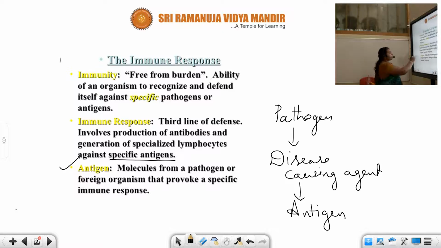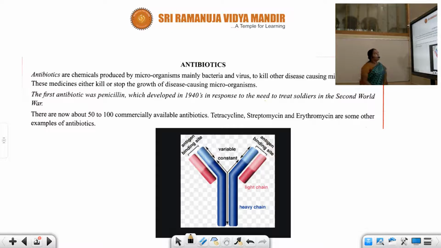Right, now let us see about the antigen. An antigen is a molecule. It comes from the pathogen or a foreign organism, and it provokes a specific immune response. So antigen is produced by the specific disease-causing microorganism. Now let us talk about the antibiotics.